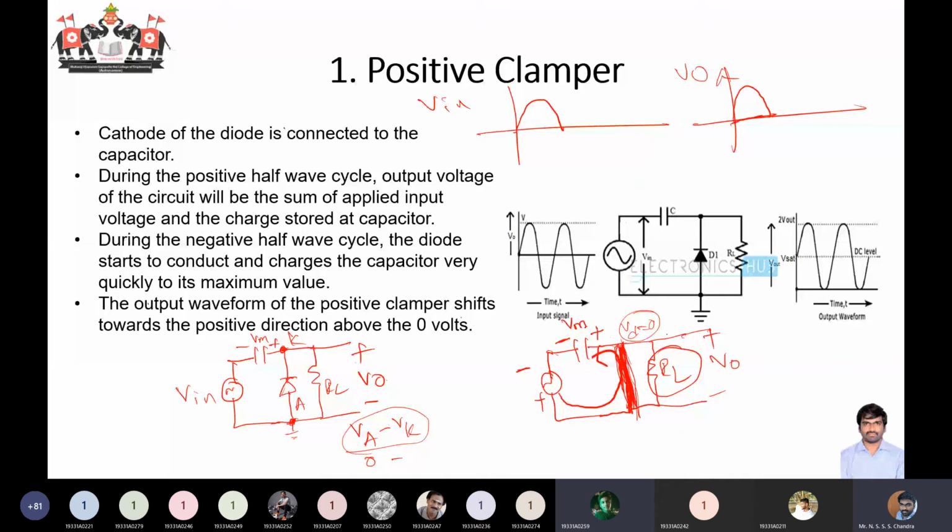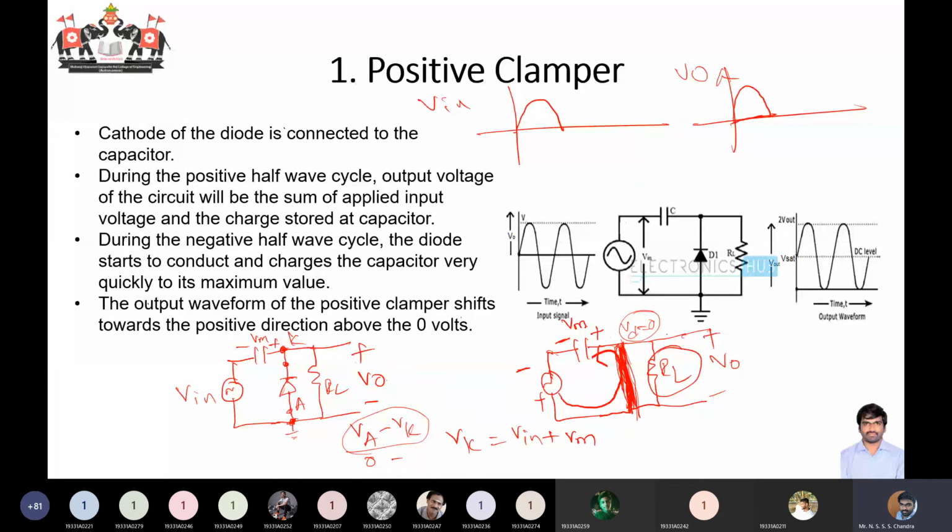What is this VK value? VK is Vin, we are going from the minus terminal to the plus terminal. So VK is equal to Vin plus Vm. Now the diode is in the reverse bias condition. So in the reverse bias condition, what happens? This becomes an open circuit, right?